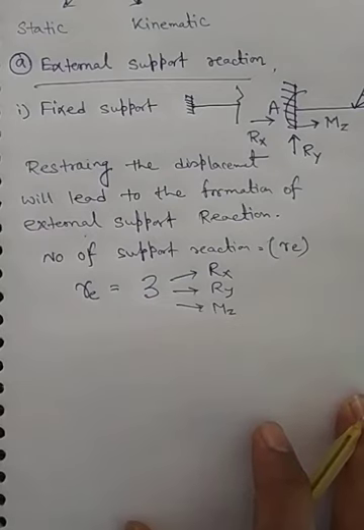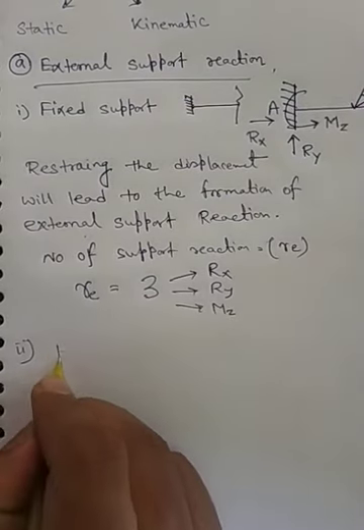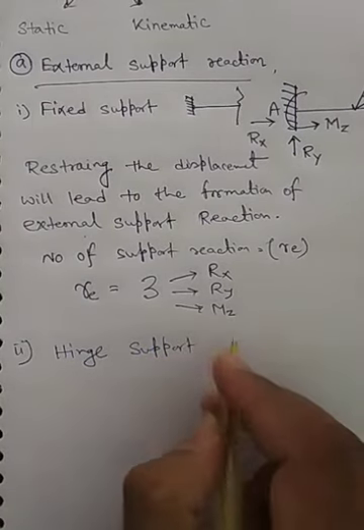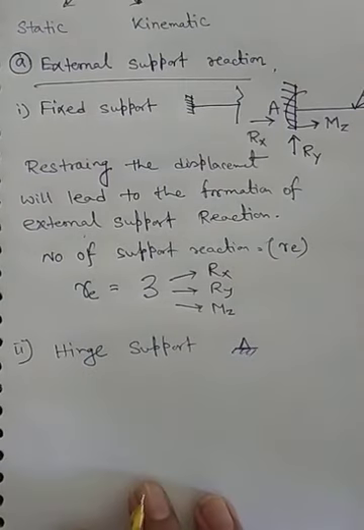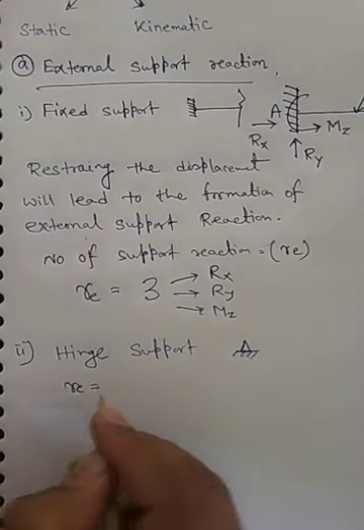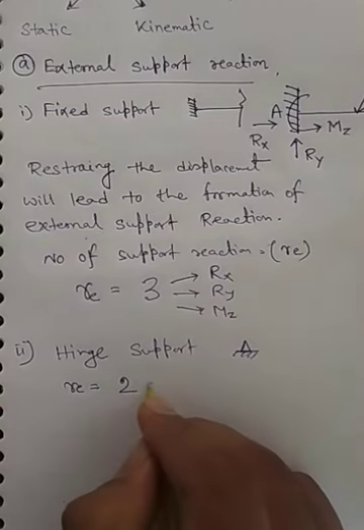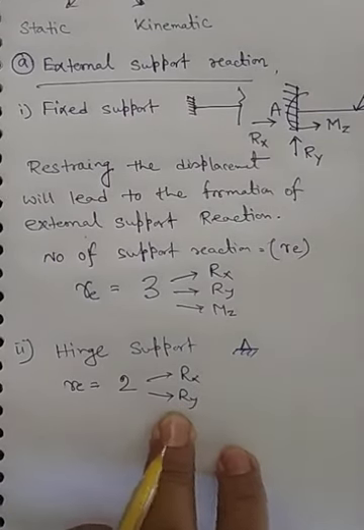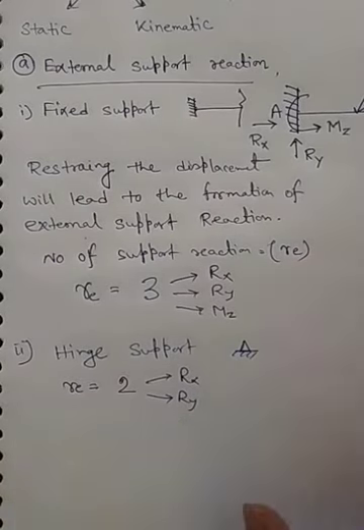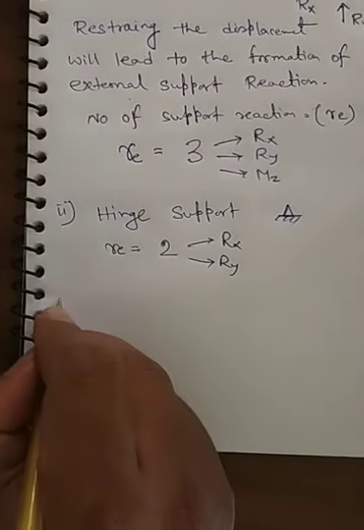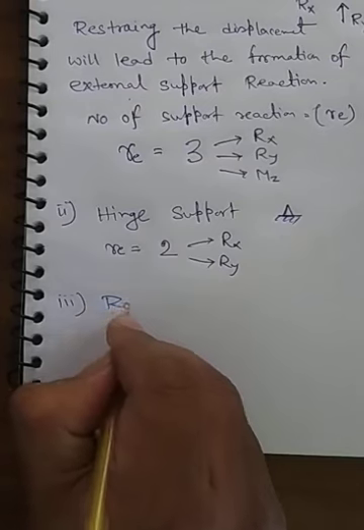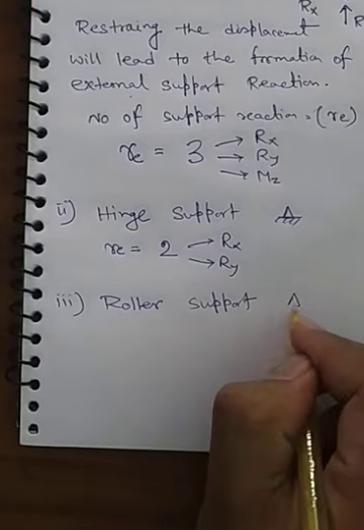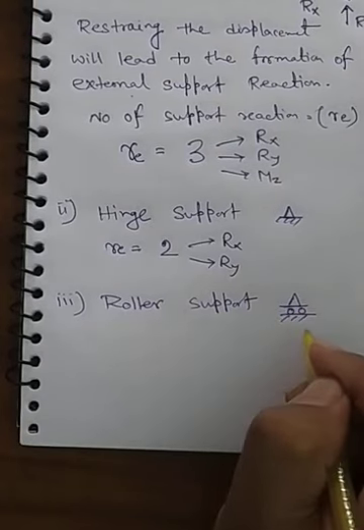Clear? Similarly for hinge support, it looks like this. Here RE comes to two, Rx and Ry, as a hinge support can't take moment. Number 3 is roller support. It looks like this.